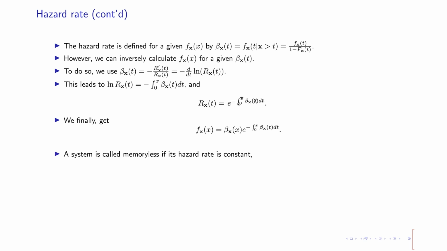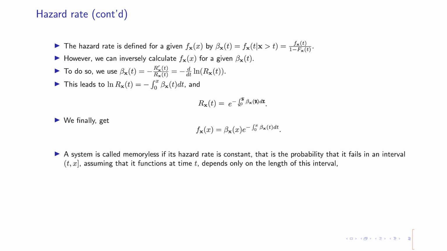So a system is called memoryless if its hazard rate is constant. This is another definition for a memoryless system. That is, the probability that it fails in an interval from t to x, assuming that it is functioning at time t, depends only on the length of this interval.